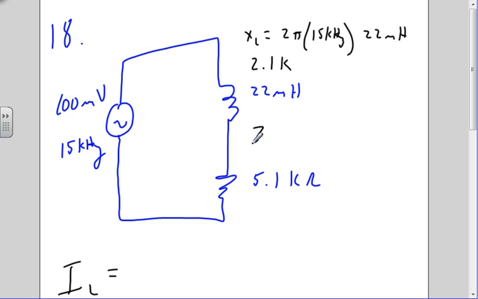Then we're going to find the impedance: the square root of 5.1K squared plus 2.1K squared, which is about 5.5K.